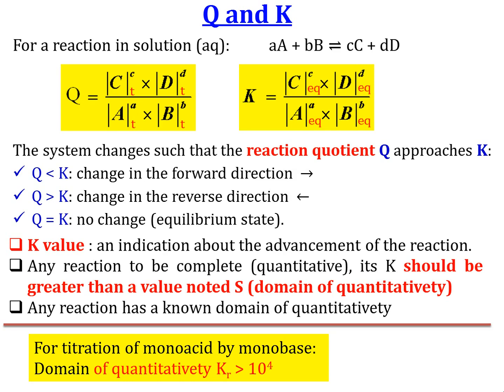So if you find that K equals 1000, you can say only that your reaction is advanced. But is your reaction complete or quantitative? No, because the value of K, 1000, is less than the domain S, which should be equal to 10 to the power 4.